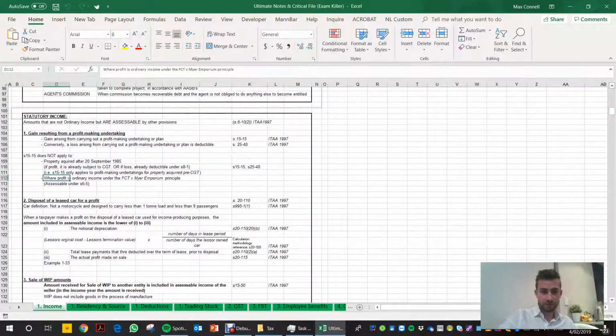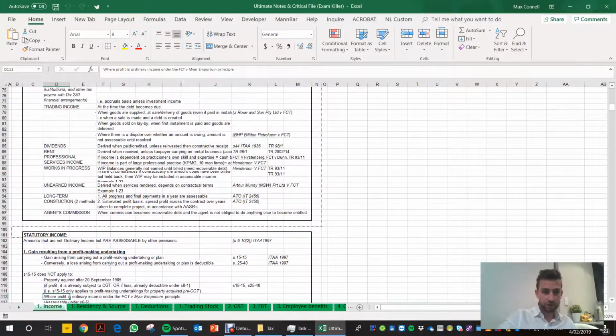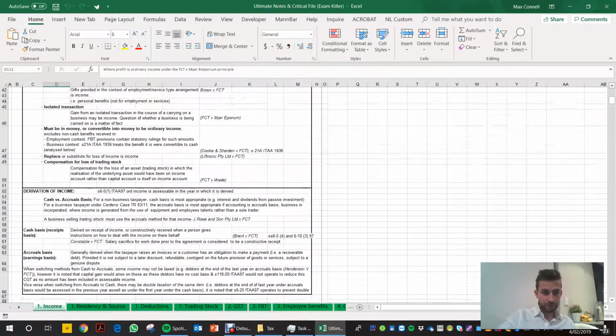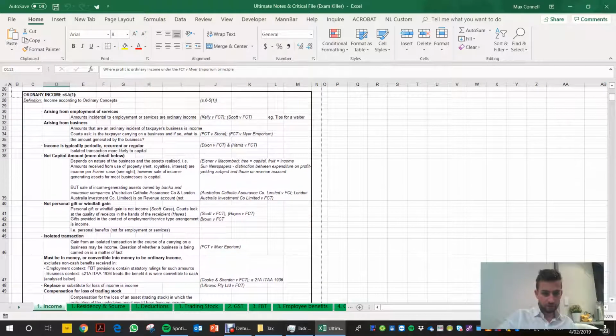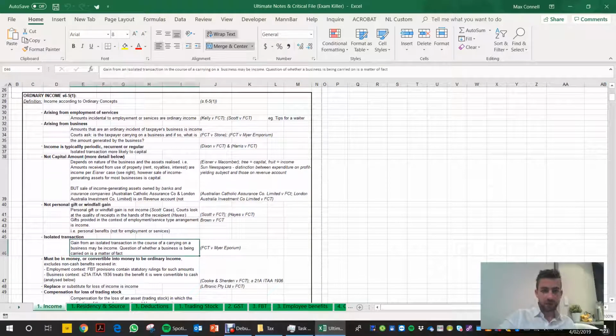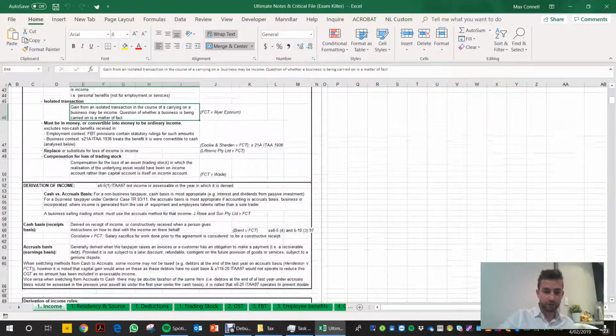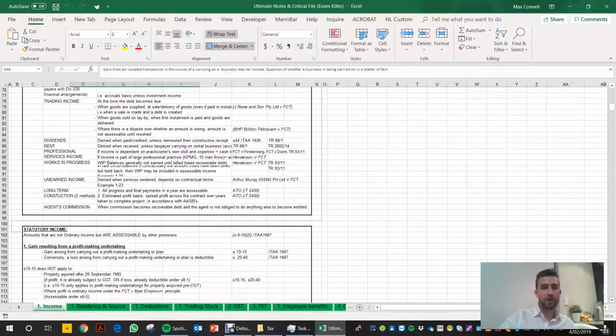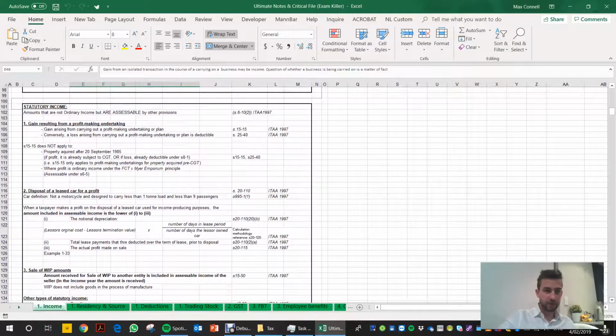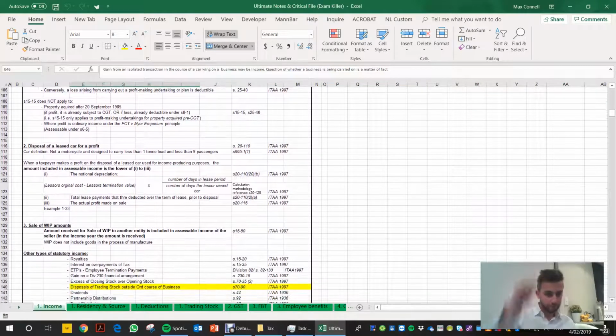In certain instances, it might look like capital, but because it was an isolated transaction in the course of carrying on a business, and that's the key phrase, carrying on a business, it becomes income. In the instance below, we're flipping it, so it's not actually part of a business. It's a one-off profit-making undertaking, which would be assessable under ordinary income, section 6-5.